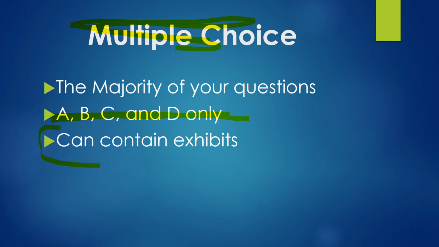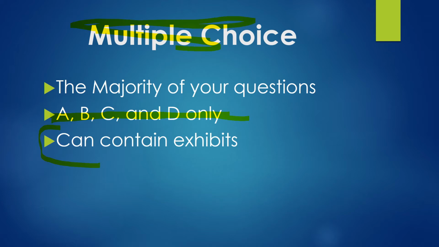Another thing to remember is that it can contain exhibits. So sometimes it will give you a picture or some extra additional information that you click on, and it pops up in order for you to answer the question. It's not really hints, it's more like it's part of the question.